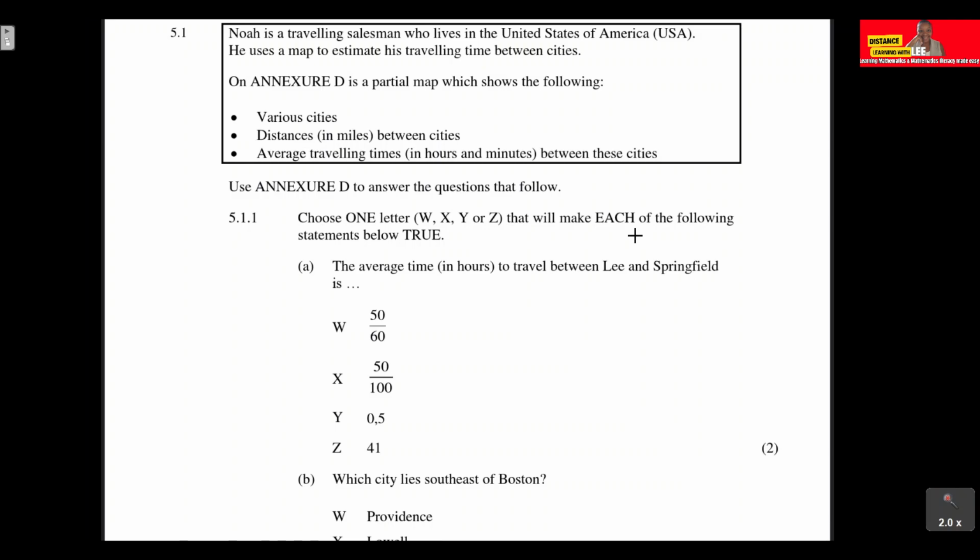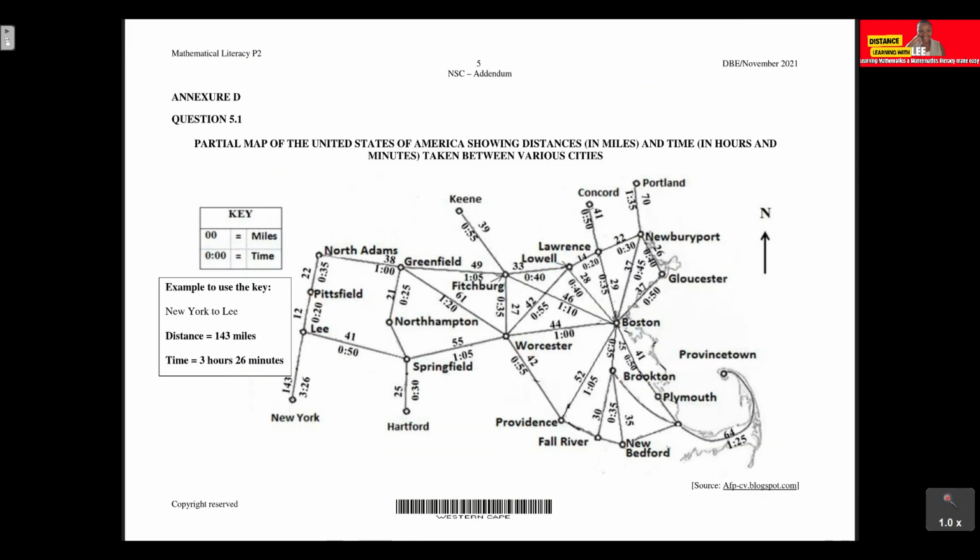Before we can answer this question, we need to have a look at what is actually given to us in Annexure D. We are given a partial map of the United States of America showing distances in miles and time in hours and minutes taken between various cities.